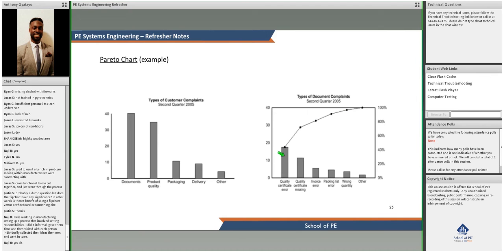So I could basically solve quality certificate error and quality certificate missing and cover, what's this here, 70% of my issues from these two.